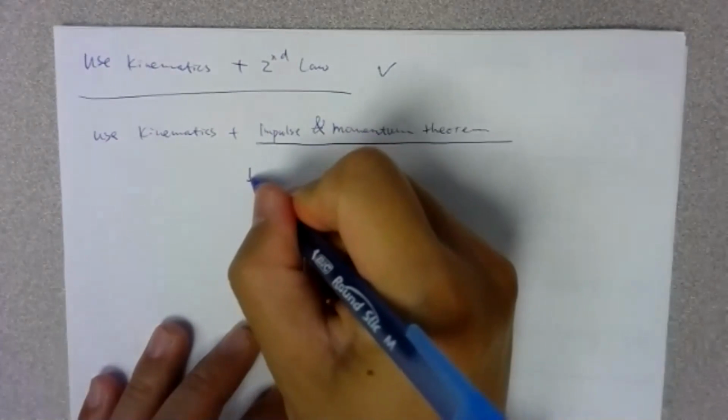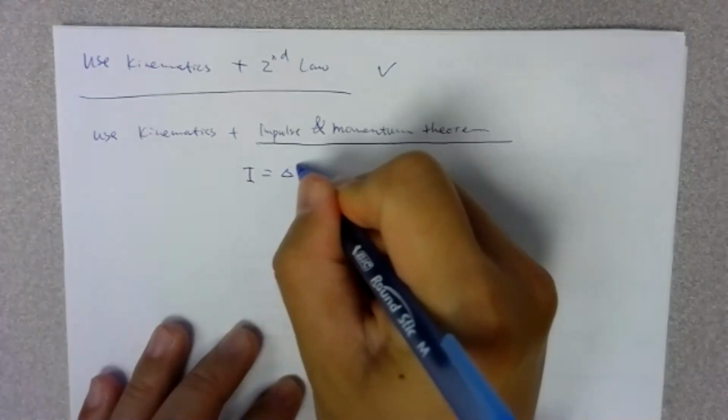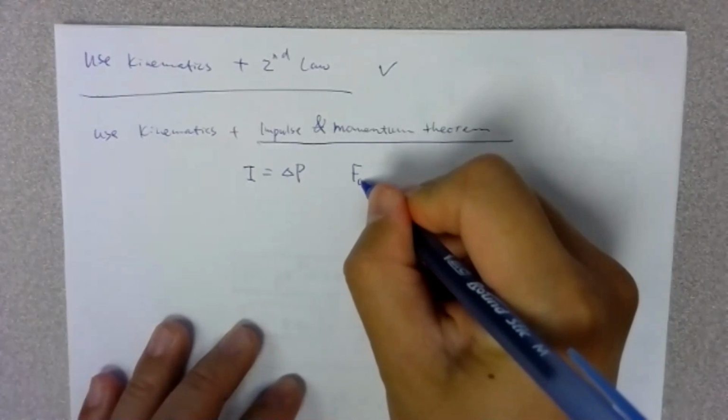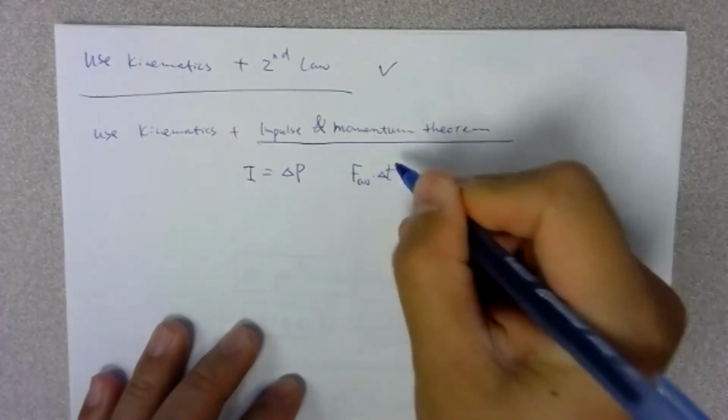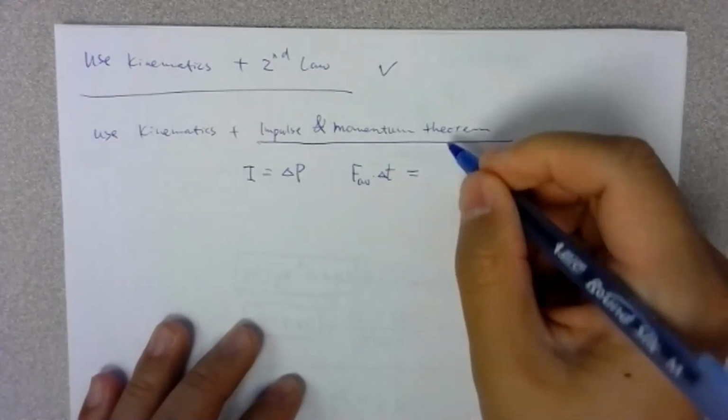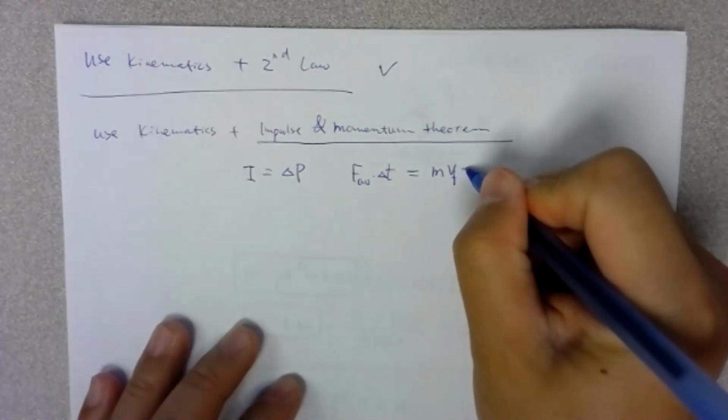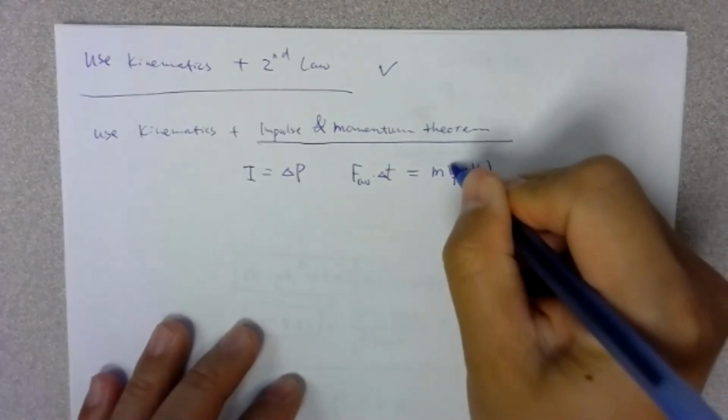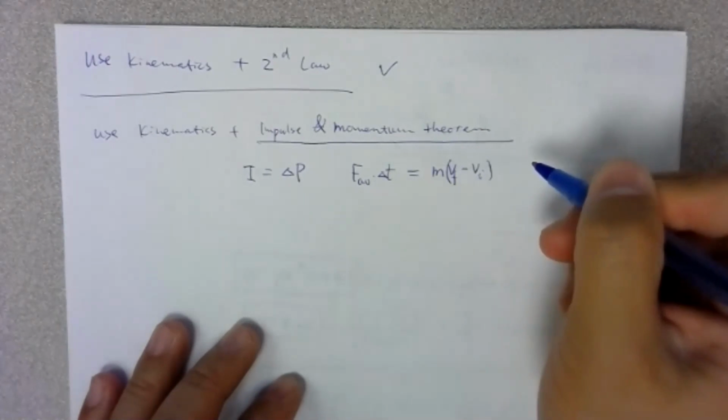So basically we want to use I equals delta P, which means F average times delta t equals mv final minus mv initial.